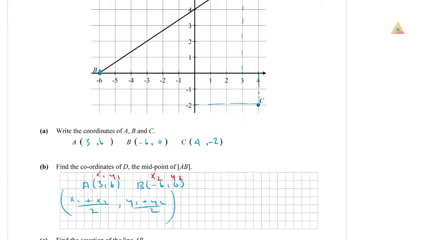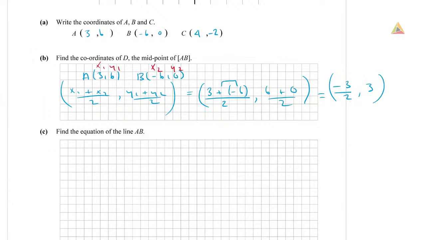And these formulas are given to you. x1 in this case is 3, plus x2 in this case is minus 6, over 2, comma, so y1 is 6 plus y2, which is 0, over 2. So 3 minus 6 is minus 3 over 2. And then 6 divided by 2 is 3. So it's (minus 1.5, 3) for the midpoint there. Okay, so go on to the next part.